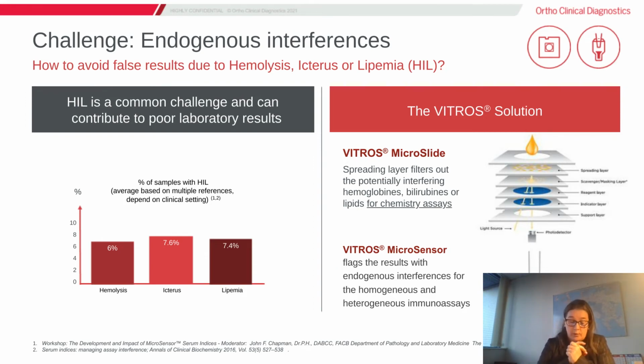For our homogeneous and heterogeneous immunoassays, we have the microsensor technology, which measures the potential impacts of hemolysis, icterus, and turbidity by taking an optic reading of the dead volume of the sample. So if there is a potential for interference, the result would be flagged, and the lab personnel would be aware. Sorry.